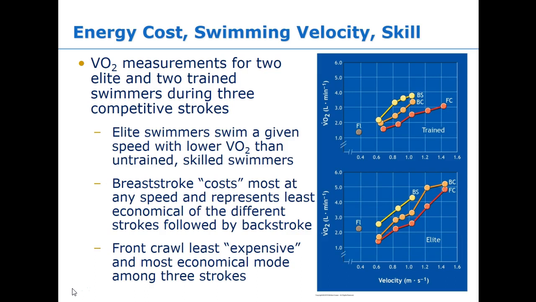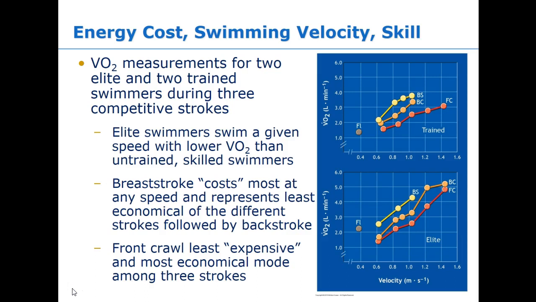This particular graph shows oxygen uptake for 2 elite and 2 trained swimmers during 3 competitive strokes. They did the breaststroke, the back crawl, and also the front crawl. There were some interesting outcomes in regards to this study.